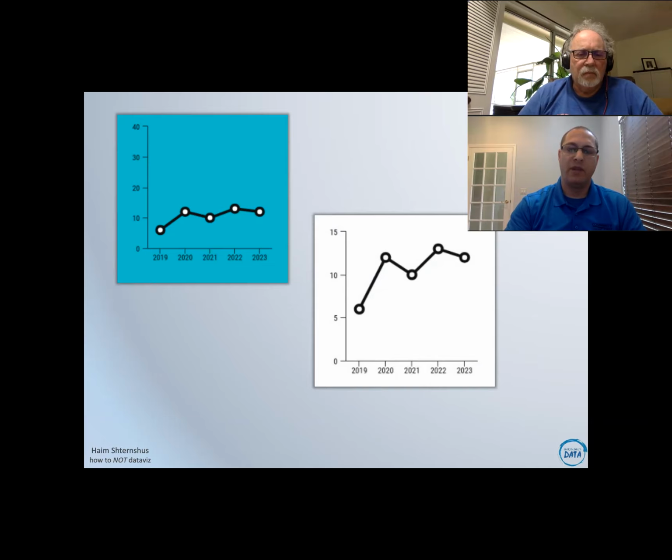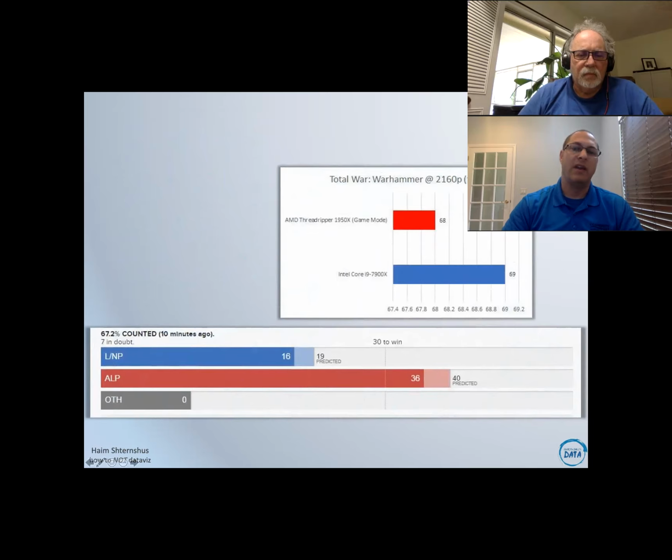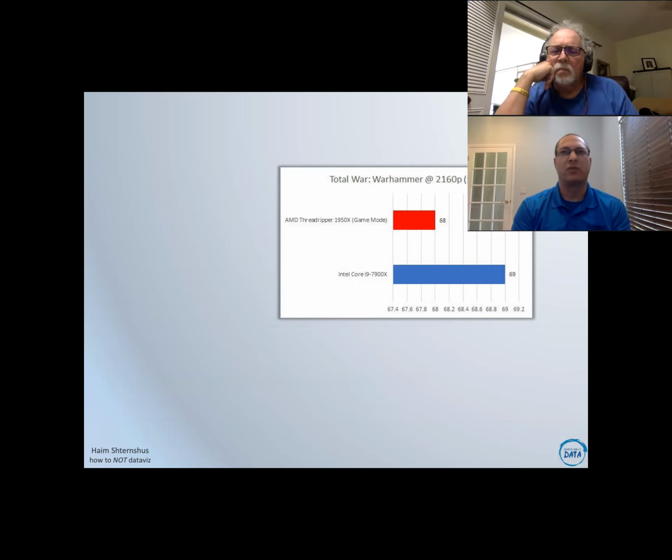So from here, we'll move on to the next example. Here we had an issue with the y-axis, the vertical axis, and now I argue that we have something fishy going on with the x-axis, the horizontal axis. So we're looking at this graph, and it seems like a performance comparison between two processors.